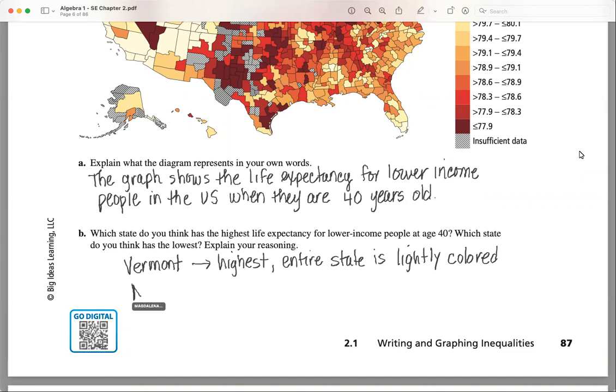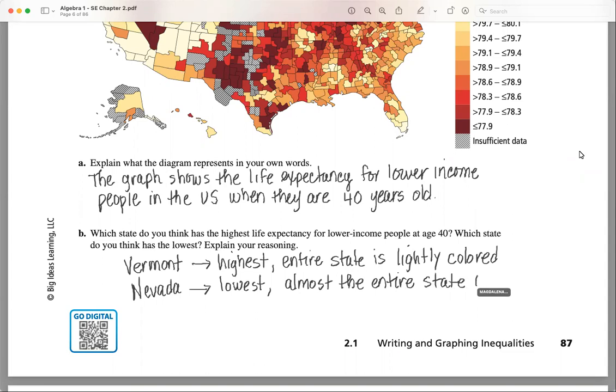Nevada has the lowest. Almost the entire state is mostly dark red.